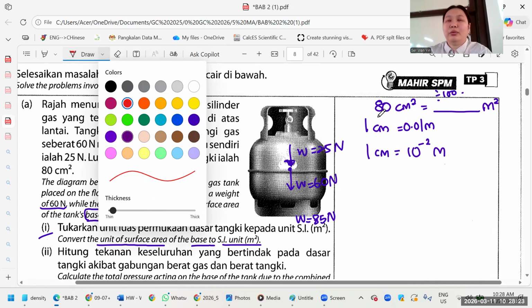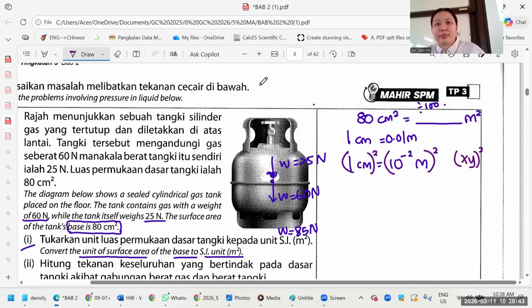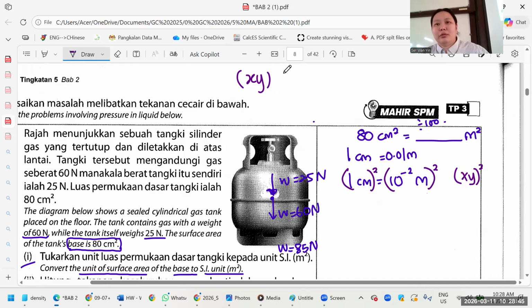Then now what we want is square. Square means we square the left hand side and we square the right hand side. Use your knowledge from your Form 3 maths indices. If xy square, you will get x square, y square.